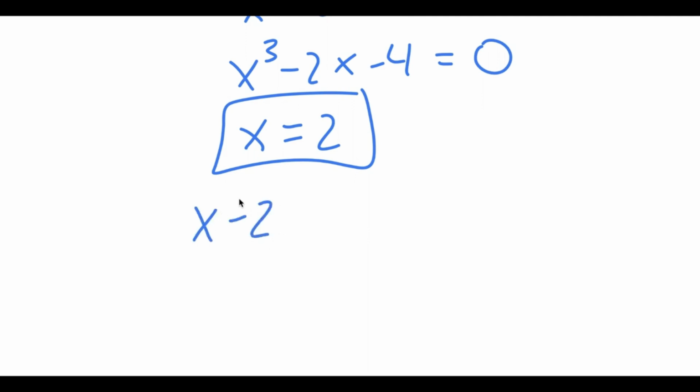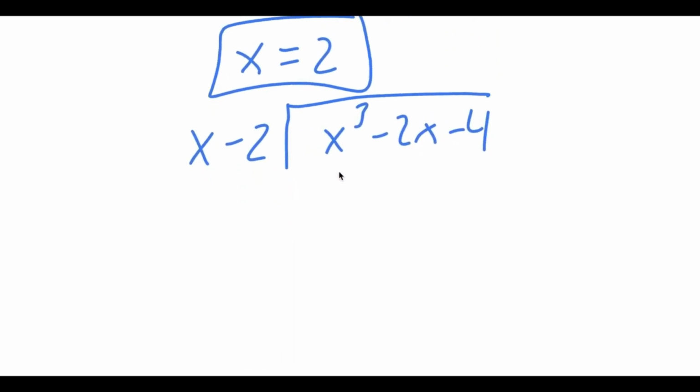x minus 2 equals 0 is a solution. So meaning we have to divide our original equation. So we have x to the power of 3 minus 2x minus 4 divided by x minus 2.